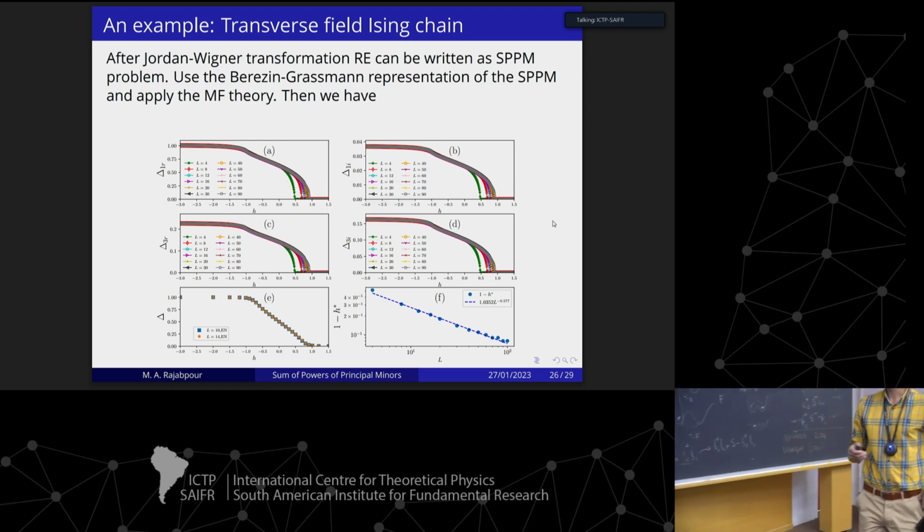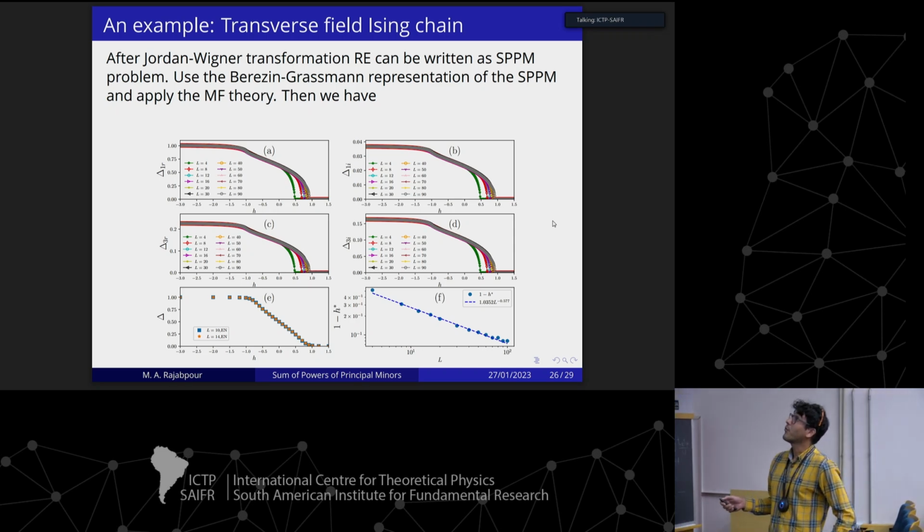So we're back. For the example of the transverse Ising chain, if you look at those consistency equations, they end up having solutions just for complex deltas. So we have the delta real and imaginary parts.